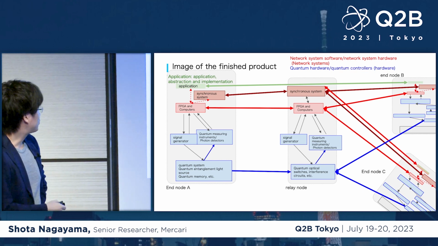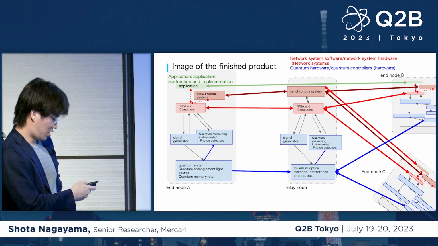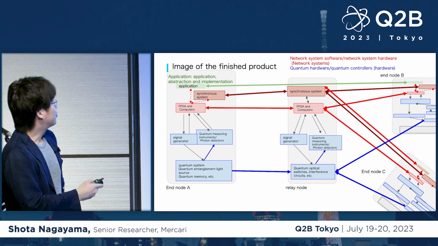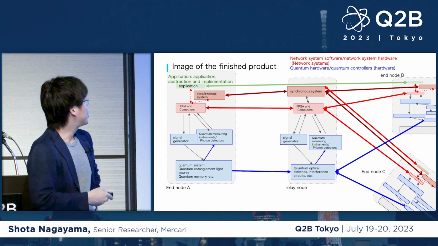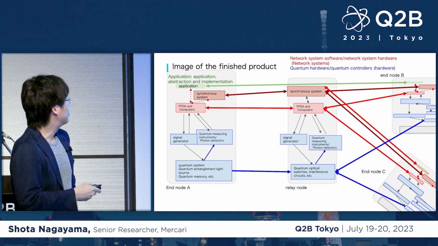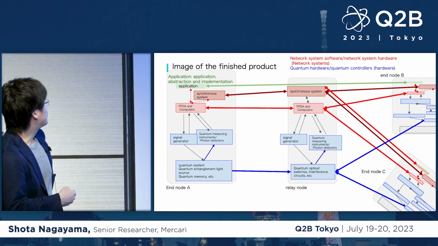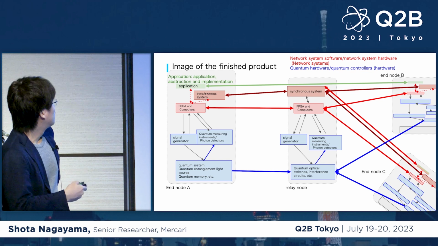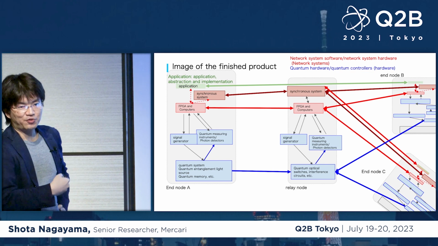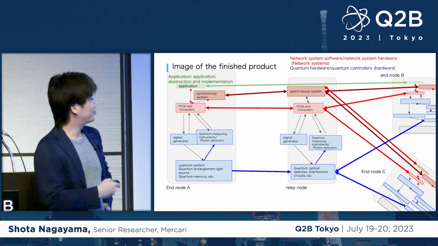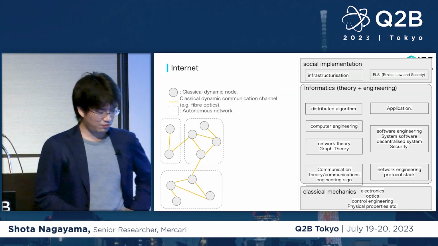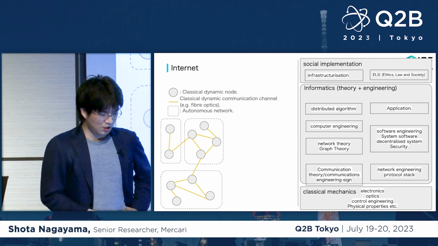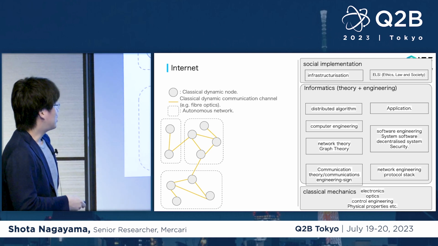So today, our vision of the finished product: we have 4 nodes. We have end nodes, and in the middle we have the relay node, which has the routing function. If you look closely, you can see this is the quantum computing illustration, quite similar to that. So we are just connecting the quantum computers.